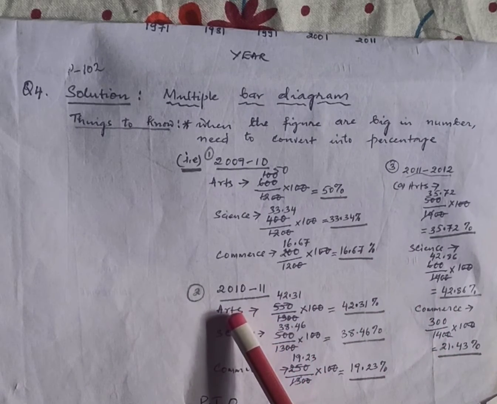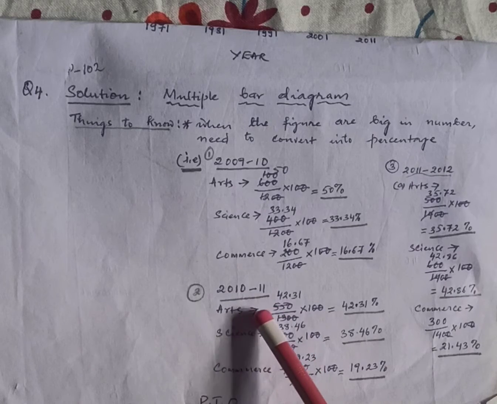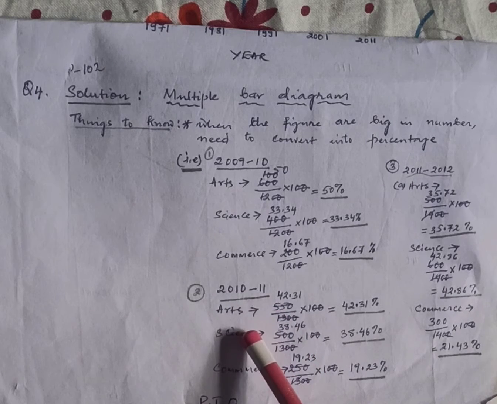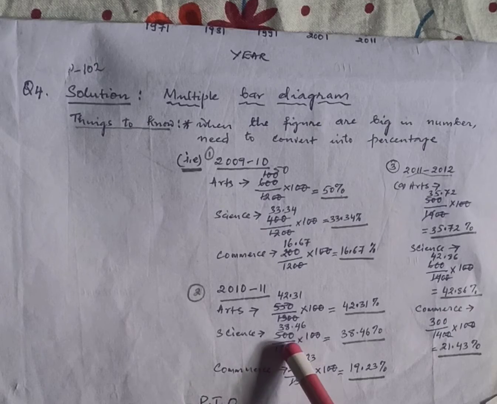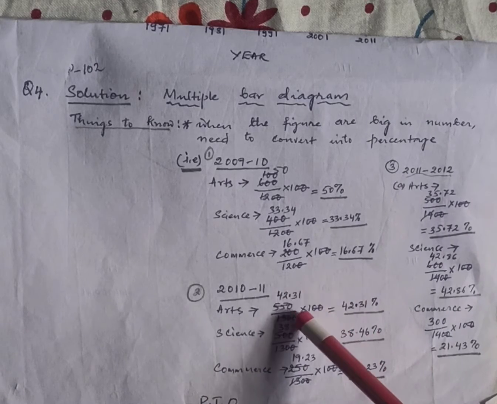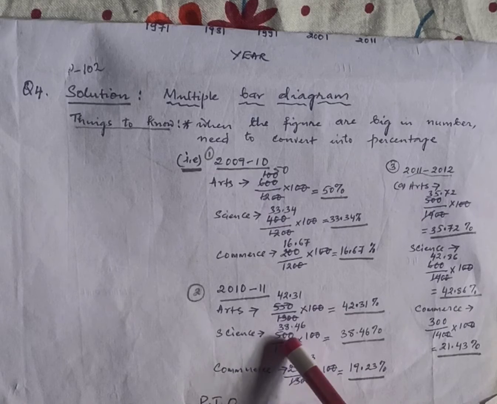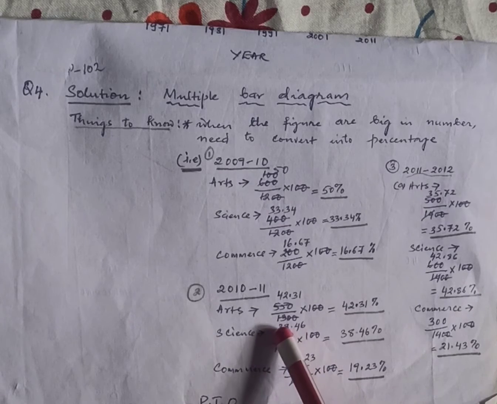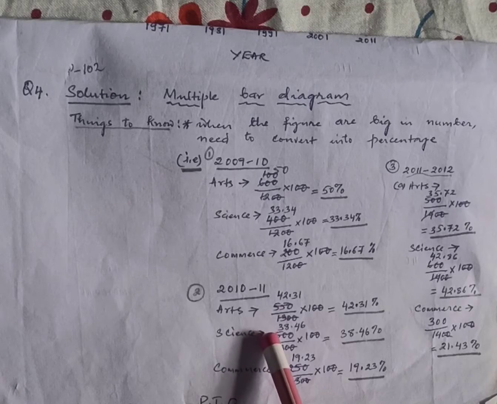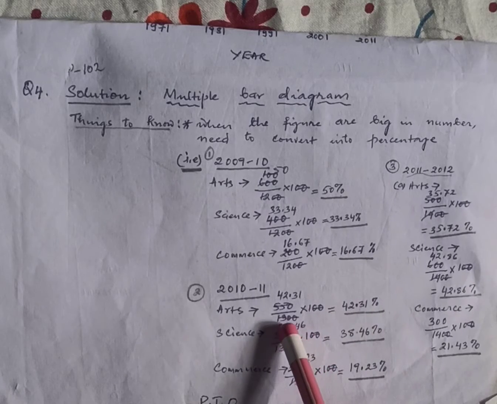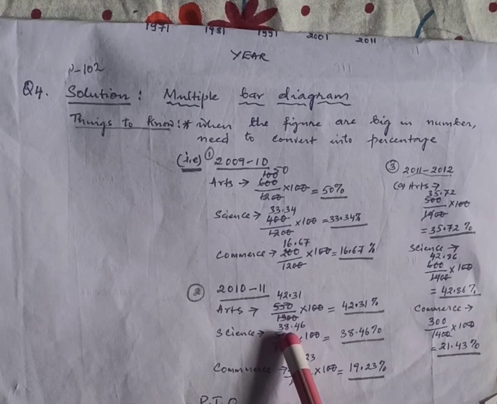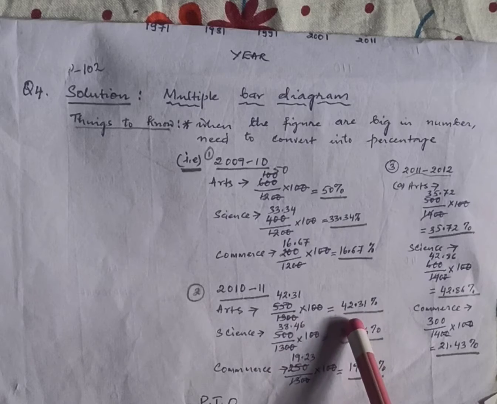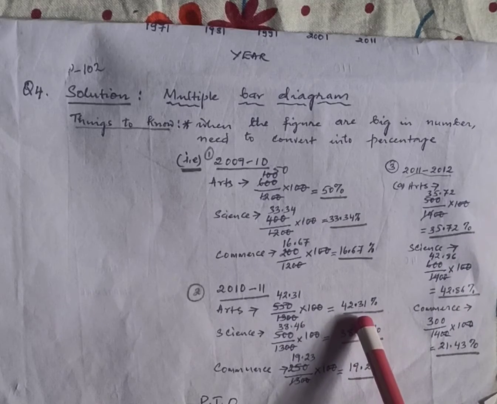Let's come to the second one, 2010-11. In 2010-11, arts is 550, science is 500, and commerce is 250. If I add all together, I'm getting 1300. I convert the same way as the previous one. I took the figure given in the question, that is 550 divided by total faculties into 100, and got 42.31%.